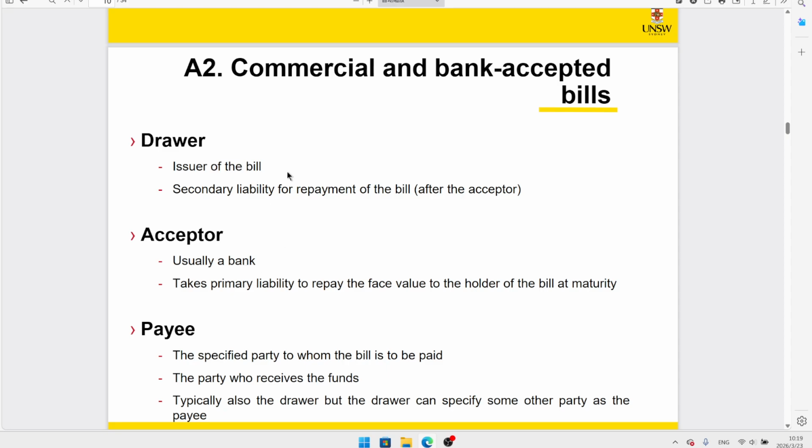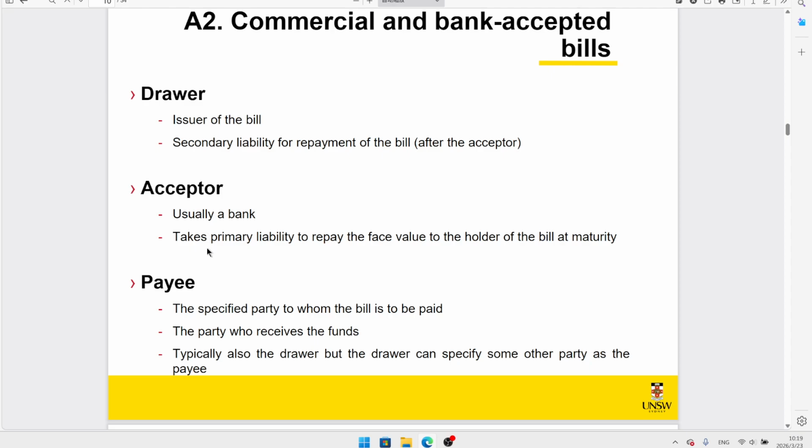The corporation issues the bill, and the bank takes the primary responsibility to repay the face value to the holder of the bill at maturity. The payee is the party who receives the funds, typically also the drawer, but the drawer can specify a secondary level of repayment after the acceptor.